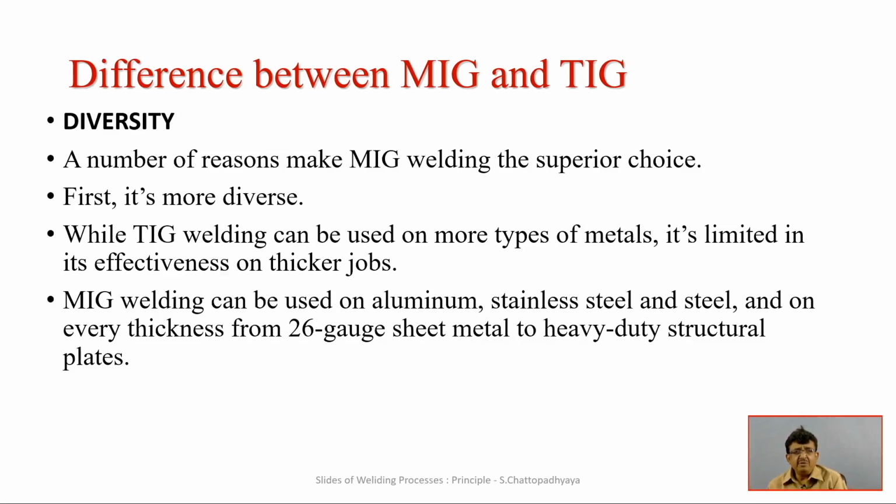MIG welding can be used on aluminum, stainless steel, and a good variety of materials, at every thickness, from 26 gauge metal sheet to heavy duty structural plates, very thick plates. MIG has a lot of applications in wagon fabrication, shipbuilding and other activities. A wide variety of materials can be treated with MIG.